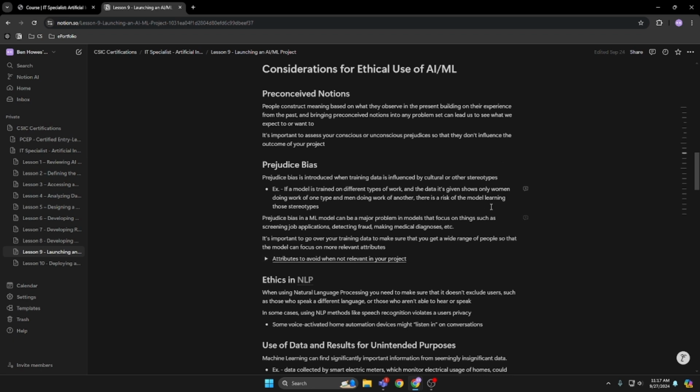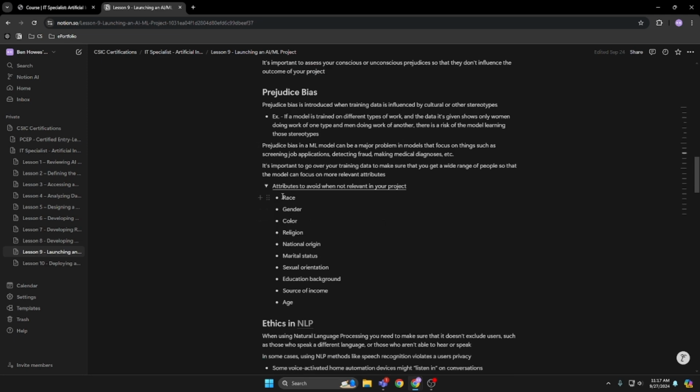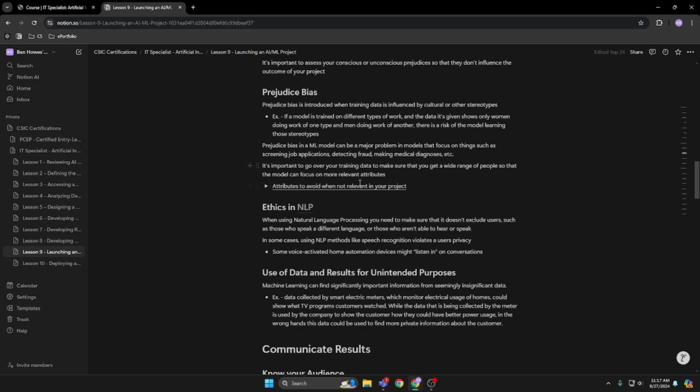If it does affect your project, it's okay to be in it, but things like race, gender, color, religion, national origin, marital status, and other things, it's good to stay away from them, because your machine learning model can latch onto things like that and make assumptions based off of those things when sometimes your model just isn't related to them at all.